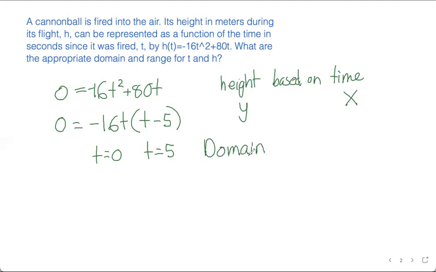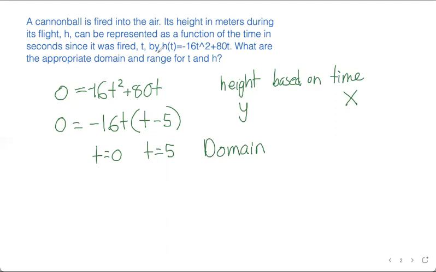Well, this isn't all real numbers because this function is only valid for the time when the cannonball is actually flying. We can't have negative time. It's not valid at negative 8 seconds. It's also not valid anymore after the cannonball hits the ground. It's just stopped at that point. So it's also not valid at any point after 5 seconds.